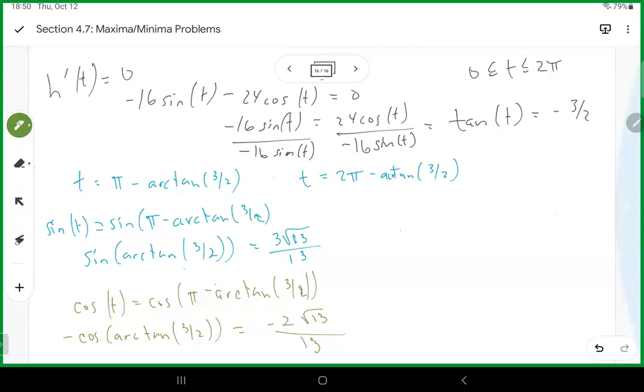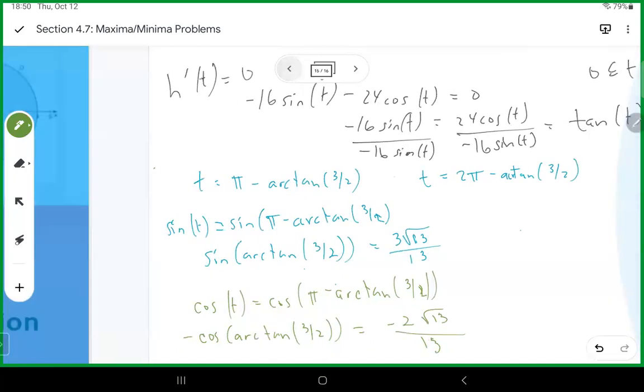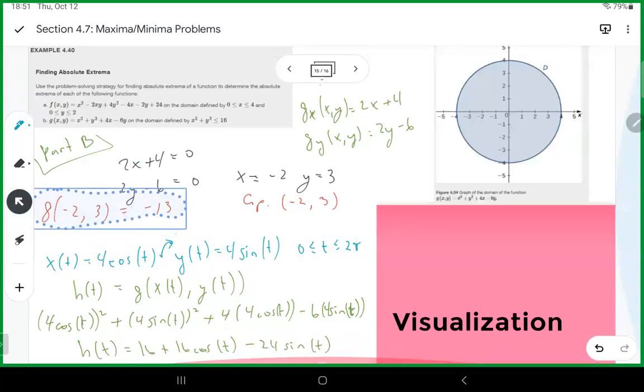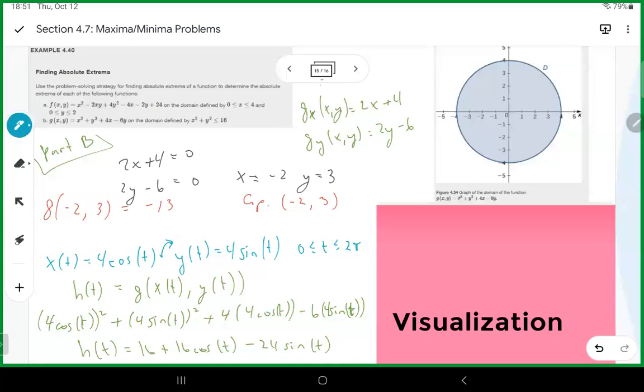So we did all of that so that we could go back to x of t and y of t and now have them a little bit better. So now you would have, let's move this up a little bit. x of t is going to be negative 8 square root of 13 over 13.